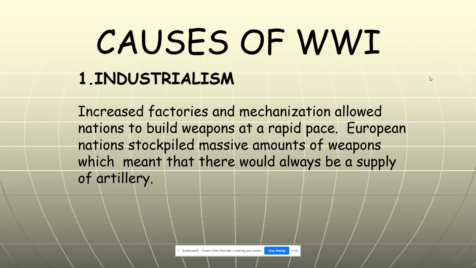Over the course of the 19th century, this process of industrialism moves throughout Europe. Countries like England, then France, then Germany, essentially all of Western Europe, begin to adopt some form of industrial production.